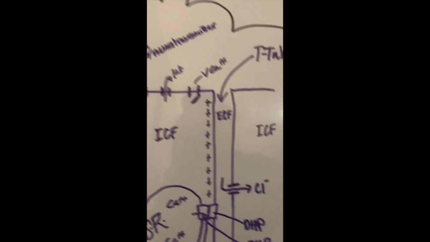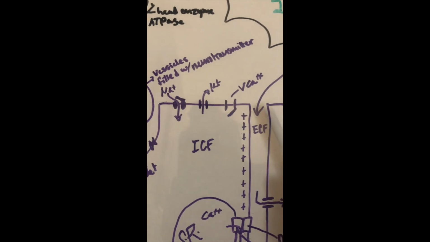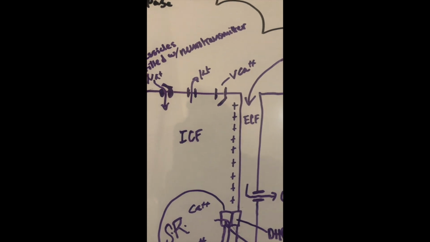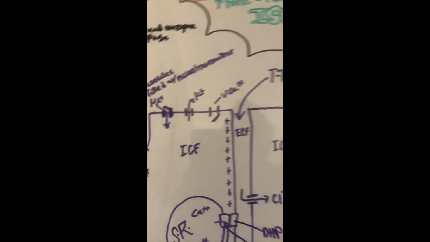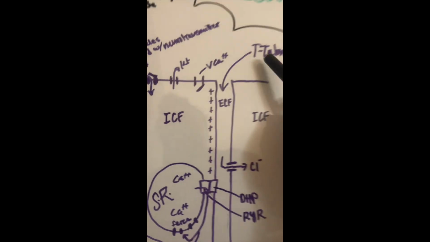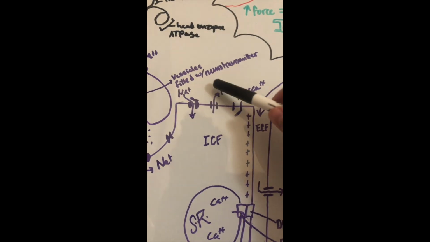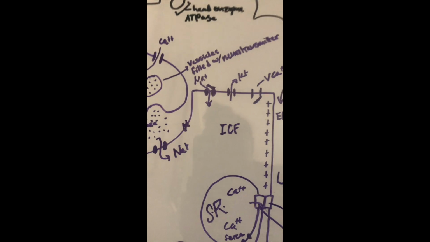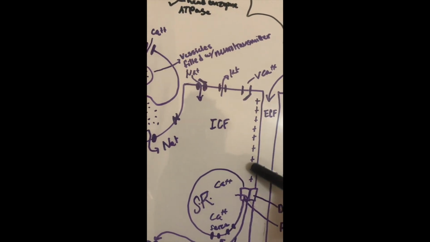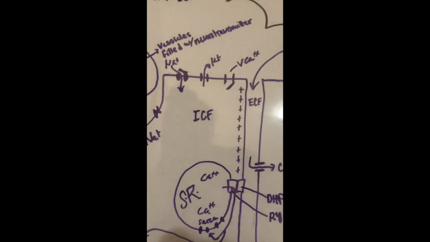We've got two other channels that are important to this process. We've got our potassium channel and then our voltage-gated calcium channel over on this side. And these help maintain the equilibrium of charges in between the extracellular fluid and the intracellular fluid. So what happens is you get all these sodiums piling into the intracellular part of our cell, and that positive charge lines up on the outside, and these channels are found all around.